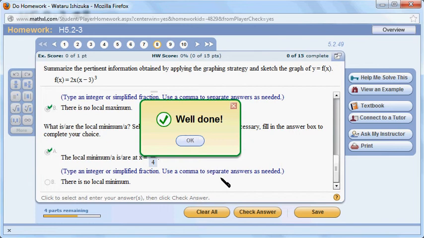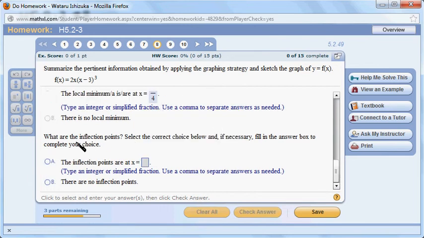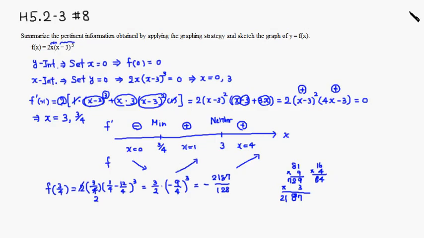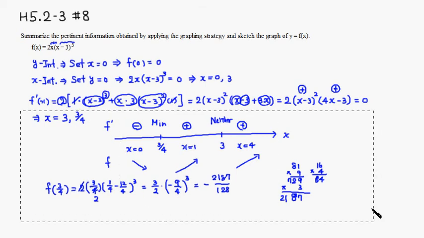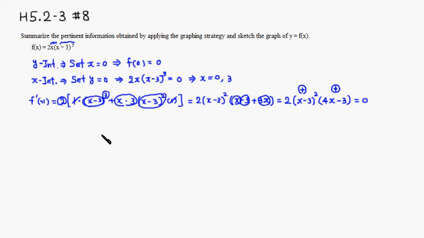Got that. All right, what are the inflection points? So we have to find the second derivative. For the inflection point we just need an x value. Then we have to take another derivative. There's no room, so I'm going to erase what we have, but we need to keep this guy right there.